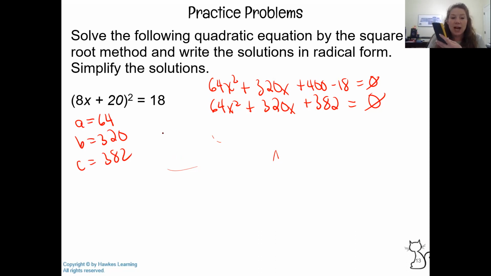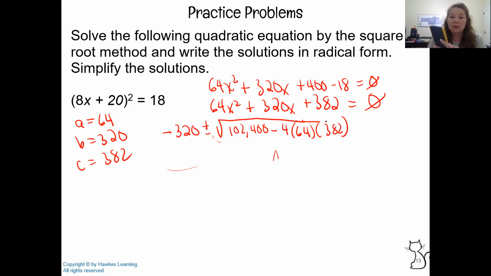So now we're going to do the opposite of B, plus and minus the square root of 320 squared, which is 102,400, minus 4 times 64 times 382. I think we're going to end up with a negative number, all over 2 times 64.